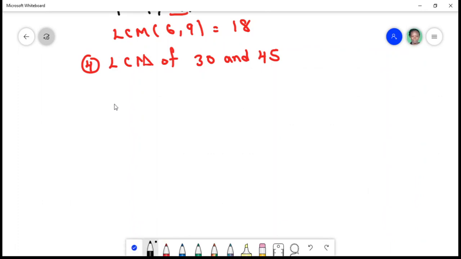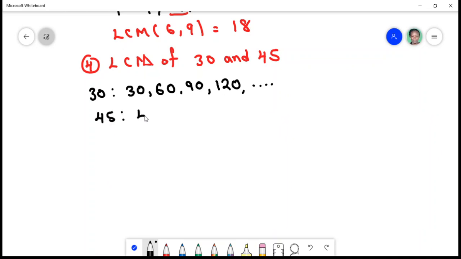So let me write the multiples of 30. What are the multiples of 30? I have 30, 60, 90, 120. Then you have other multiples as well. And that of 45 is going to be 45. Your next multiple, you add 45 to itself, so 90.